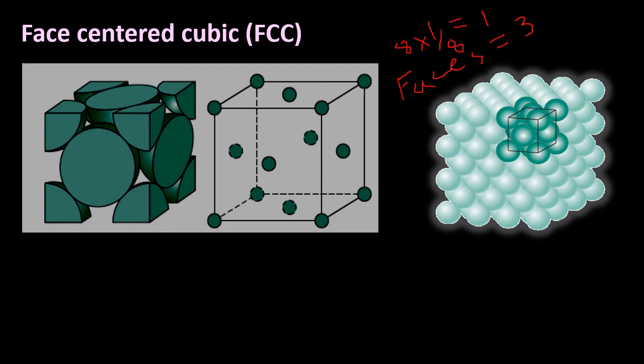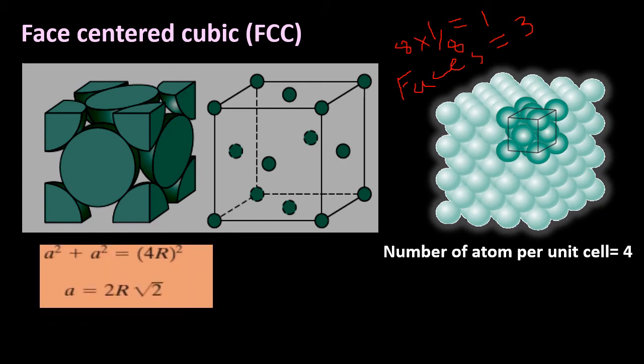So the total number of atoms per unit cell will be equal to 4, that is 3 atoms from the faces and 1 atom from the corners. So, 4 atoms per unit cell.